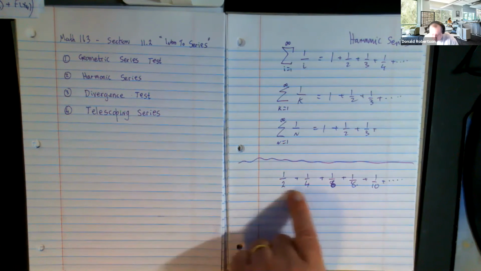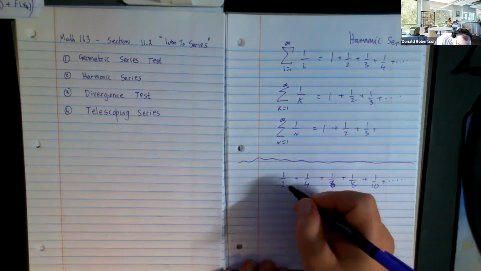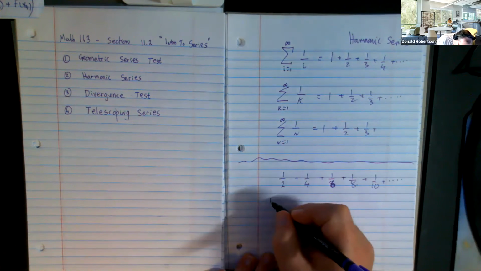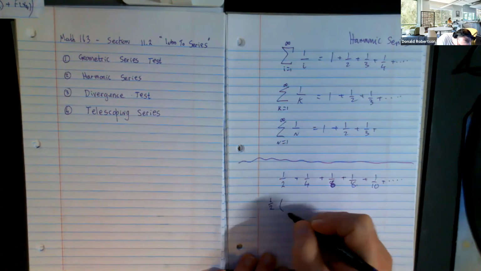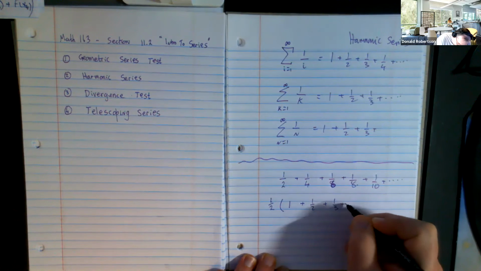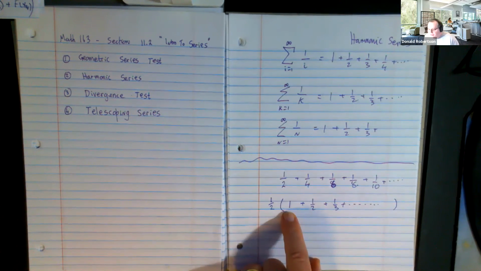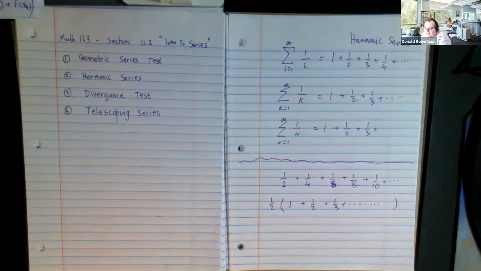And you were trying to find out, does this guy converge or not? What you have to realize is that if you take out a common factor of 1/2, isn't this a half of a harmonic series?